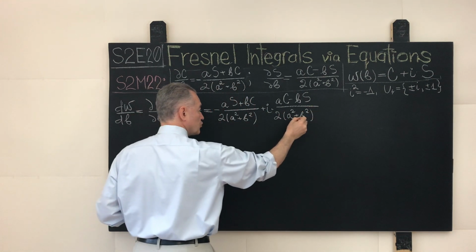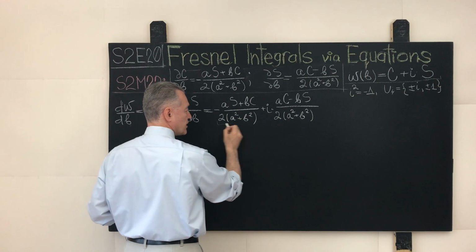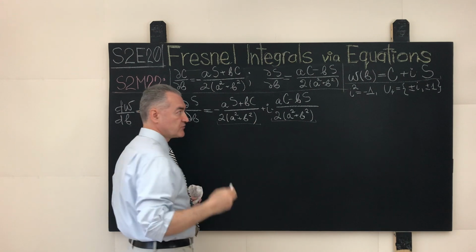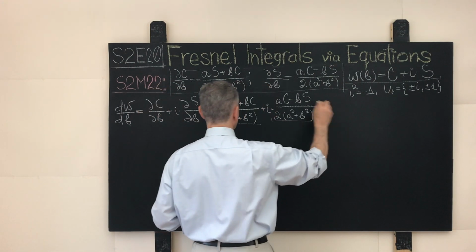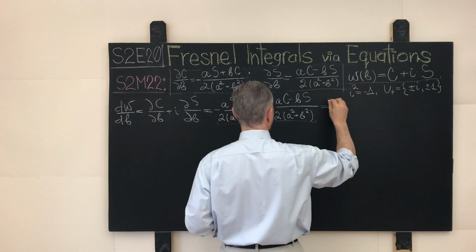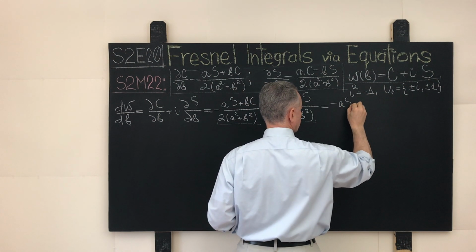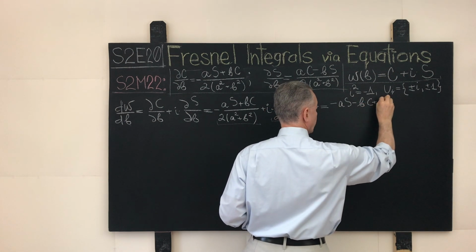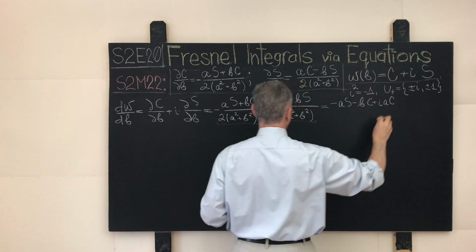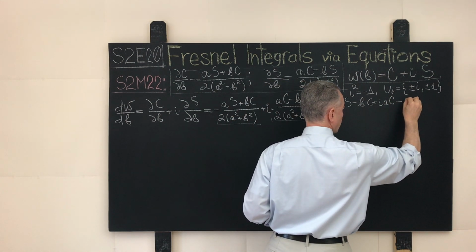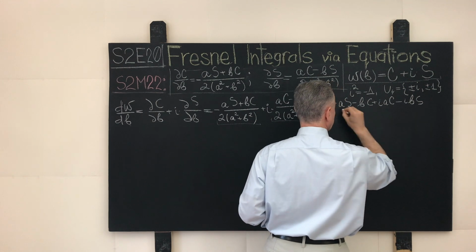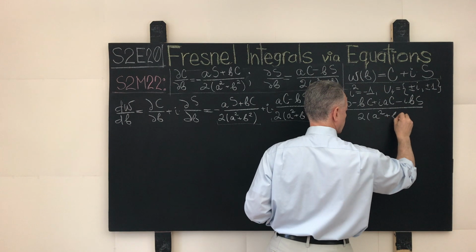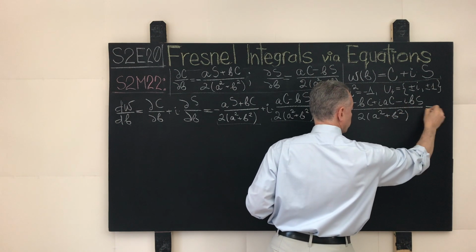Now, since we have two fractions, each of which has exactly the same denominator, let us rewrite this sum as a single fraction. What will we have? We will have minus a times s minus b times c plus i times a times c minus i times b times s over the same denominator, 2 times a squared plus b squared.